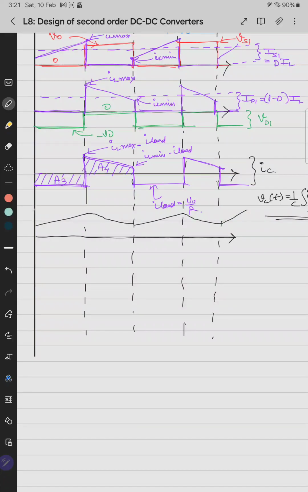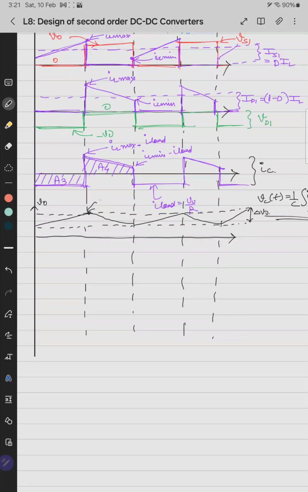So this will be V naught. This is delta V naught.